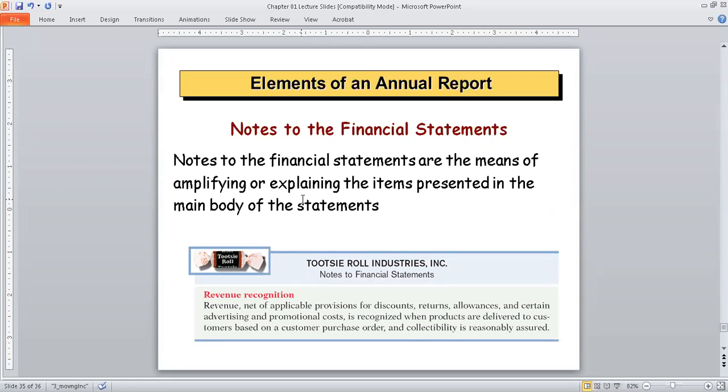The notes to the financial statements are where you will find all of the details. Illustrations and explanations of all the information that's presented in the financial statements themselves. 50, 60 pages of footnotes. So half of an annual report is an advertisement, and half of it is accounting information.